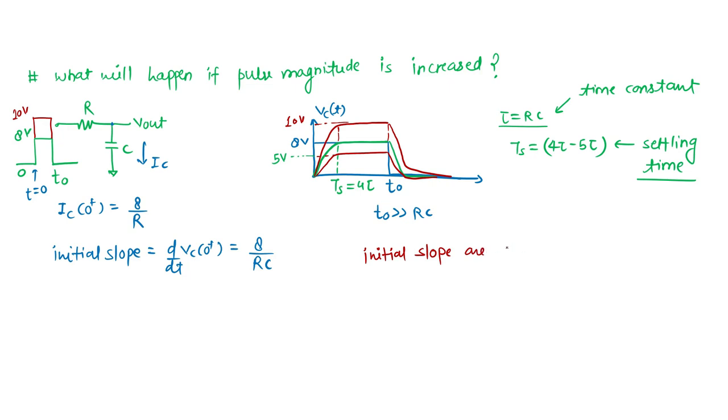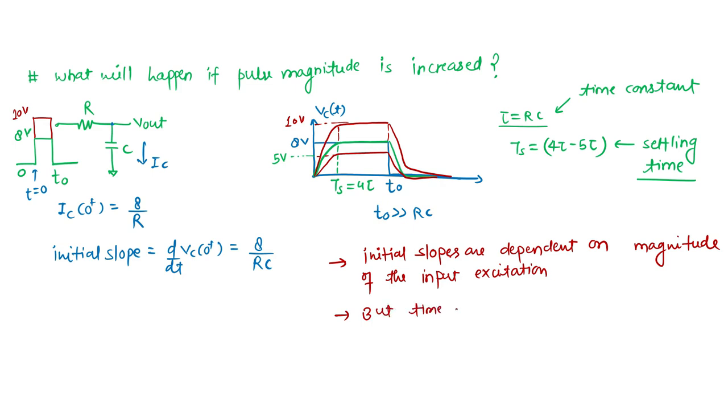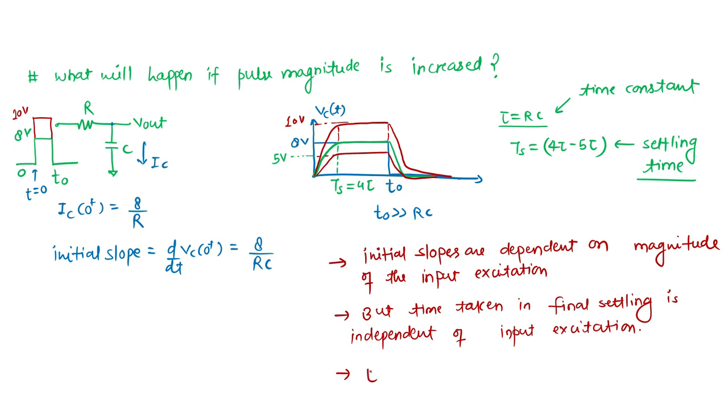Initial slopes are dependent on the magnitude of the input excitation. But the time taken for final settling is independent of input excitation, as tau is a function of circuit elements.